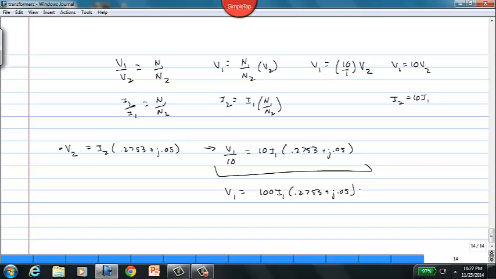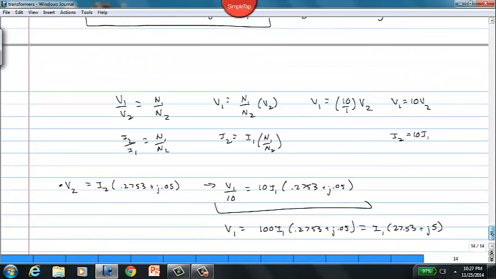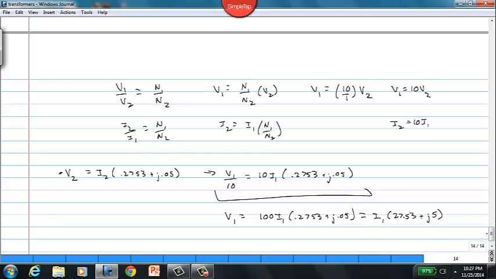We can distribute that 100. That says V1 is equal to I1 times 27.53 plus J5.